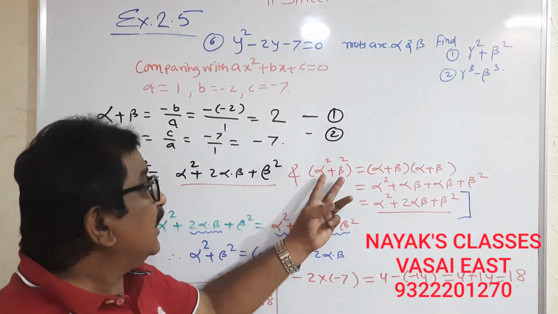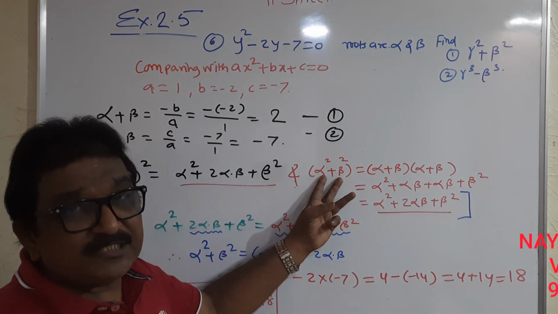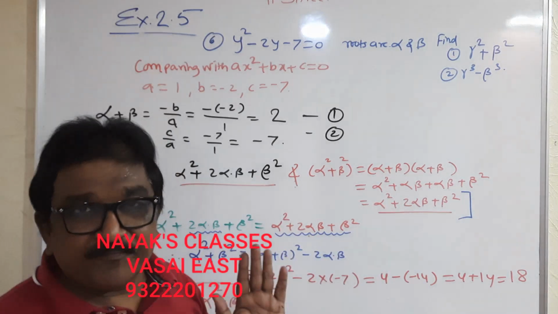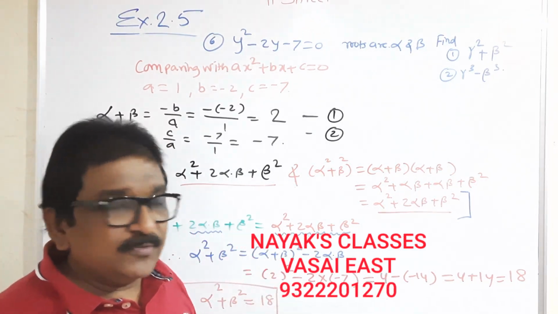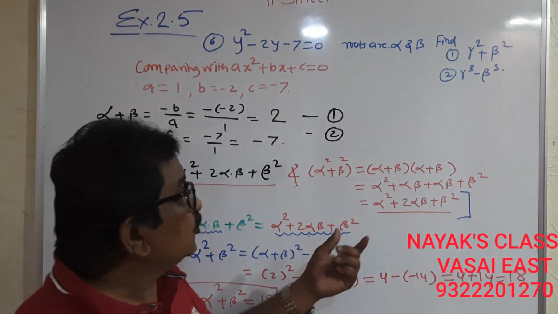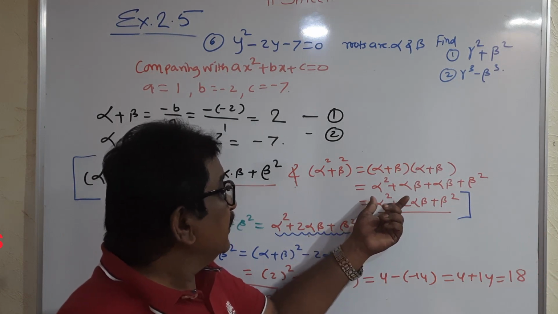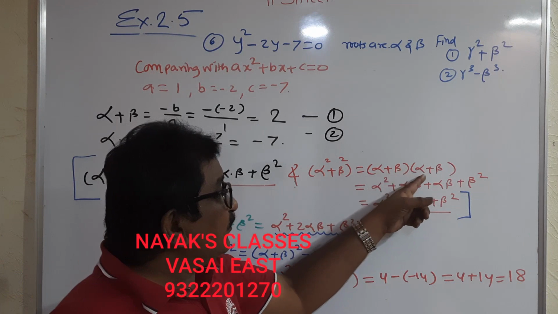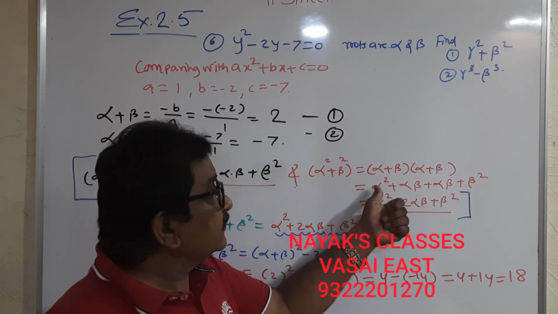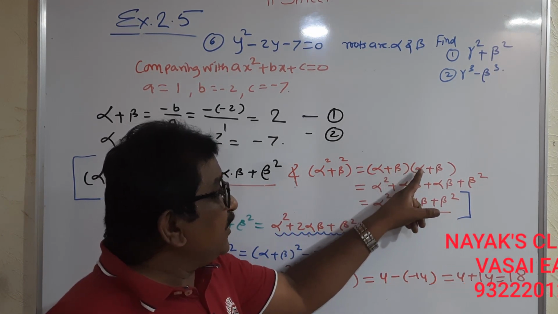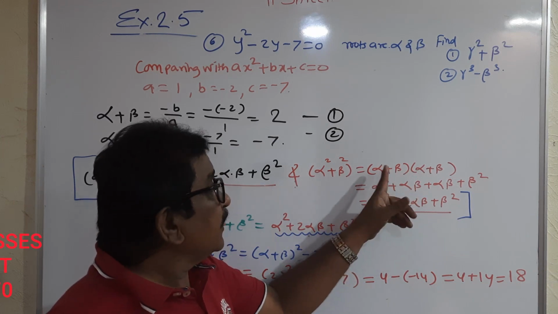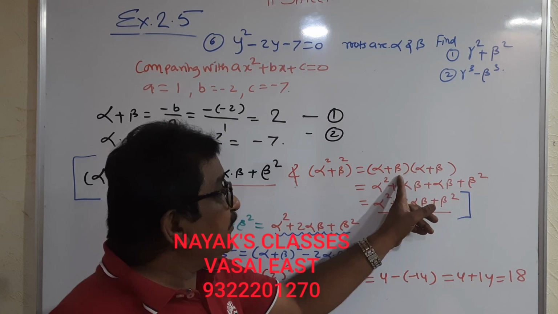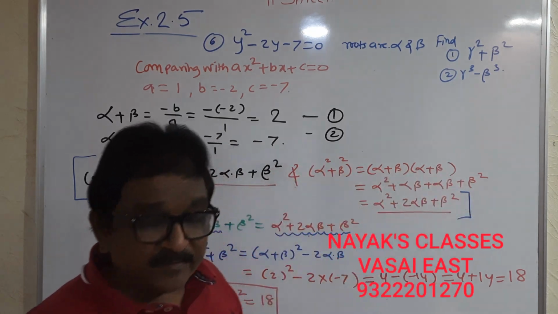Here it is alpha plus beta and alpha plus beta, product of 2. So it will be alpha into alpha, alpha square, alpha into beta, alpha beta, beta into alpha, alpha beta, and beta into beta, beta square.